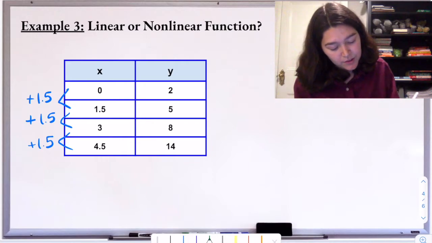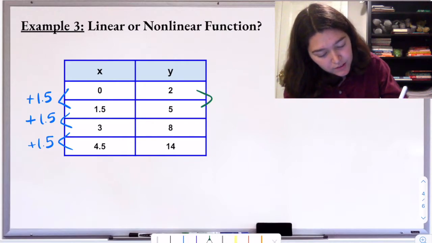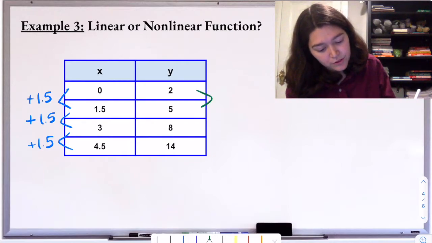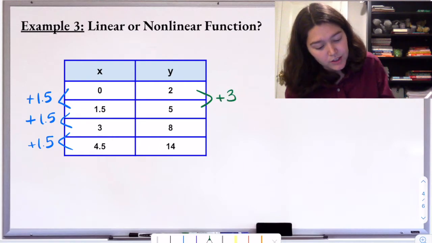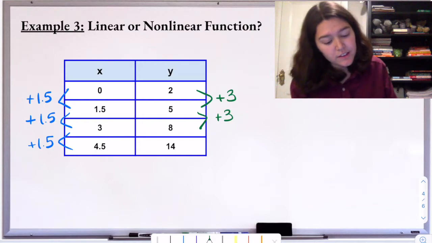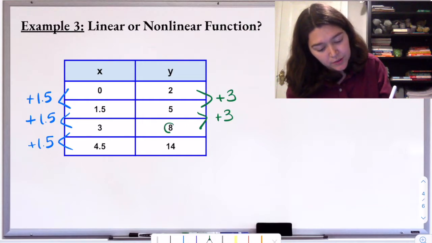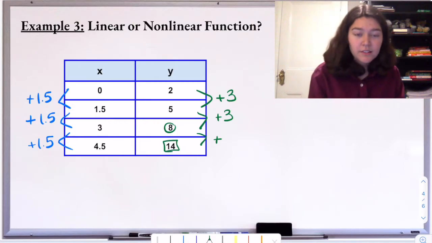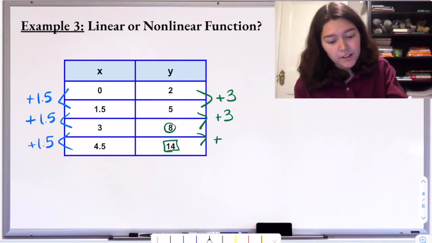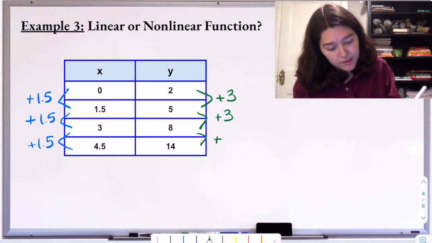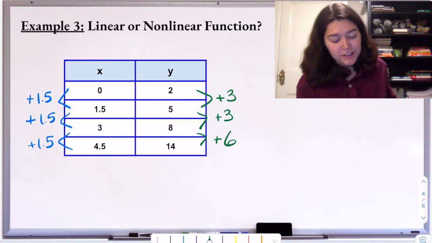Okay, now I want to find those for the y's. From 2 to 5, I'm going plus 3. From 5 to 8, I'm adding 3. Okay, now let's do this last one. 8 plus what is 14? 8 plus 6 is 14.